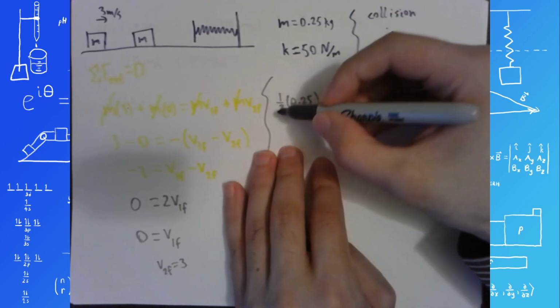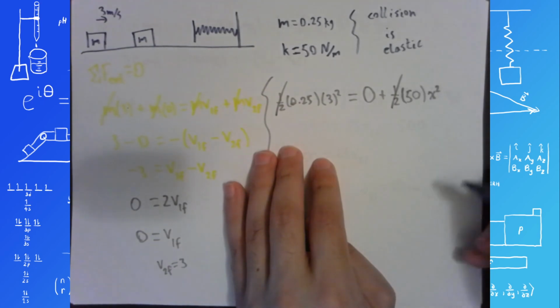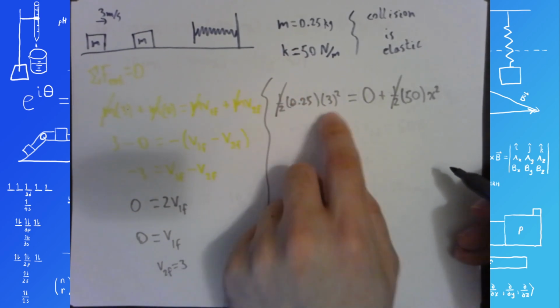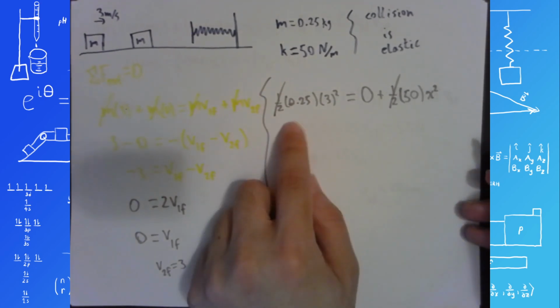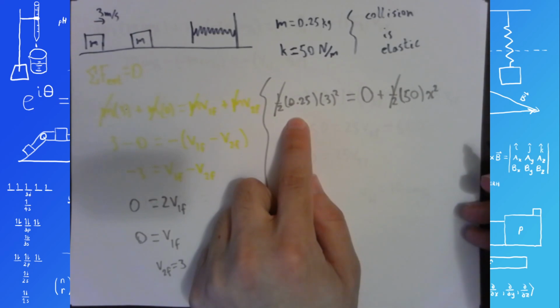Solve for x, we can cancel the 1/2 on both sides. And let's see, 0.25 times 9 divided by 50. Actually, if I divide by 50 first, 0.25 over 50, well, 25 over 50 is 1/2.